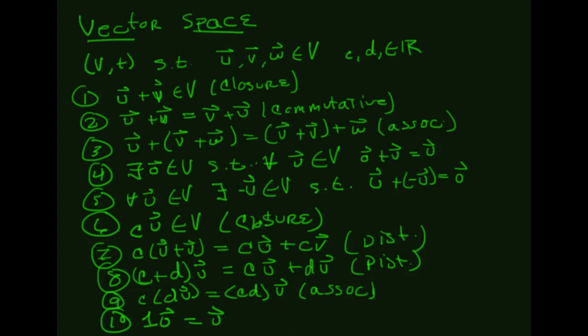Things for which these properties hold. Okay, so the big vector spaces that we're going to use in this course are vectors with a finite number of components under the normal sense of addition. N by n matrices form a vector space. Polynomials of degree n under addition form a vector space.